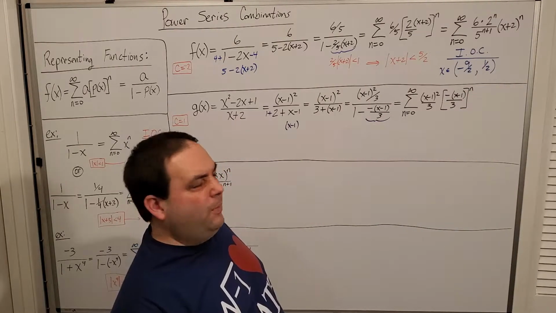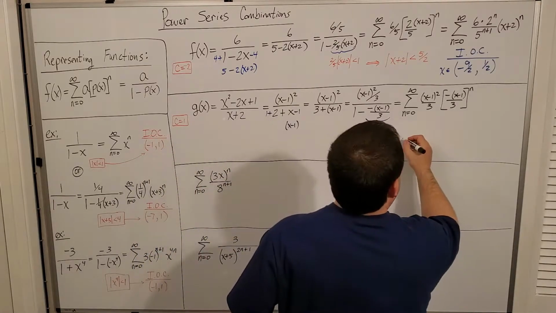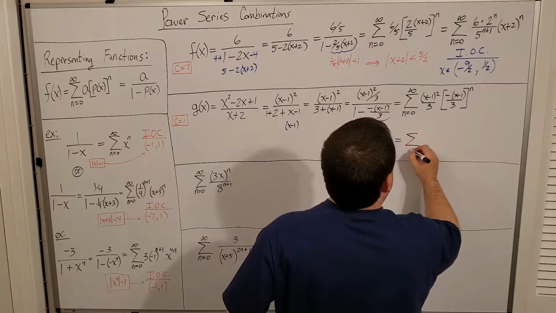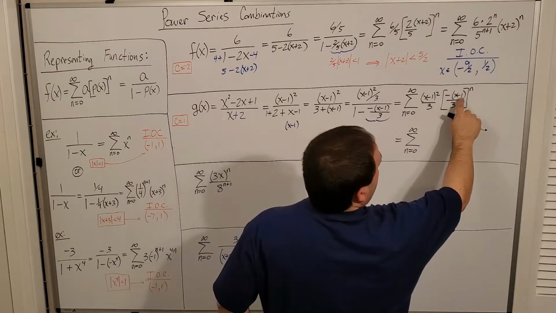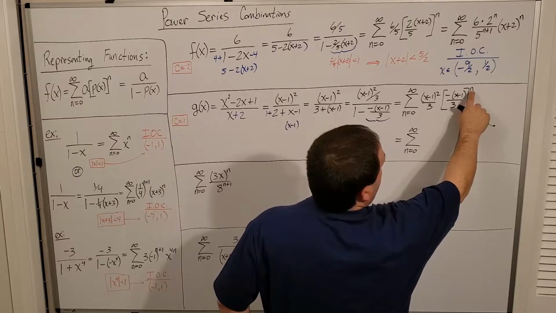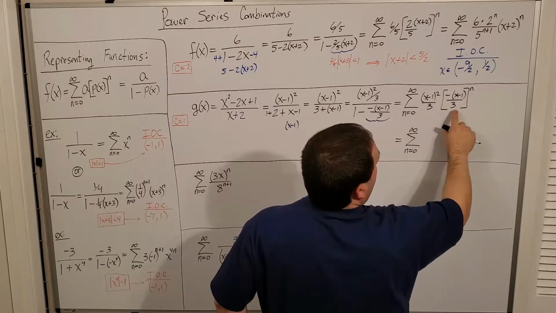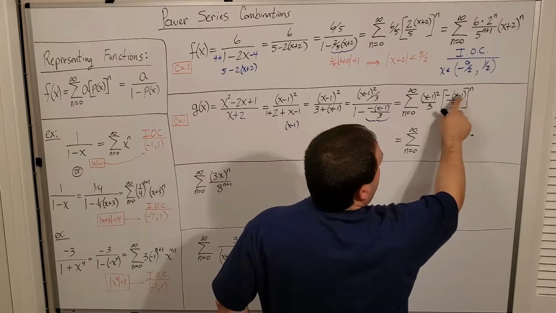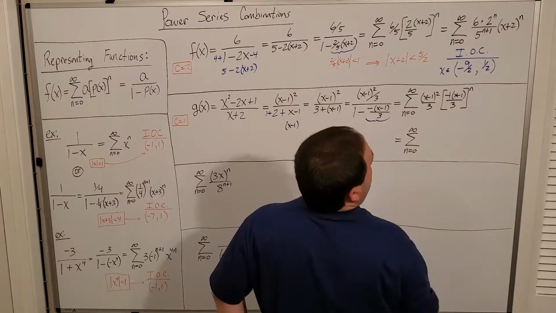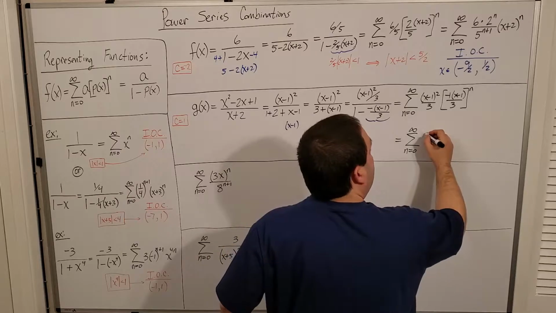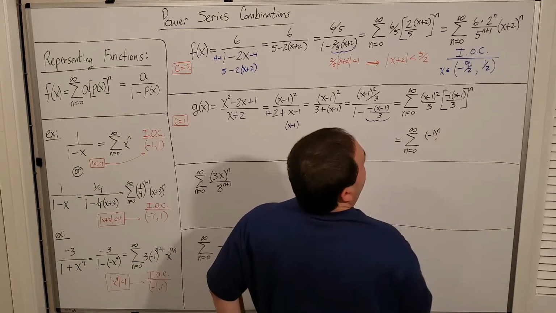Now we can clean that up a good bit. Let's do that. So I have the sum, n equals 0 to infinity. I've got x minus 1 to the n, and then I've got 2 more of them here. I've also got 3 to the n, and notice this negative. Think of it like a negative 1 to the n. Let's start with that. I have negative 1 to the n.